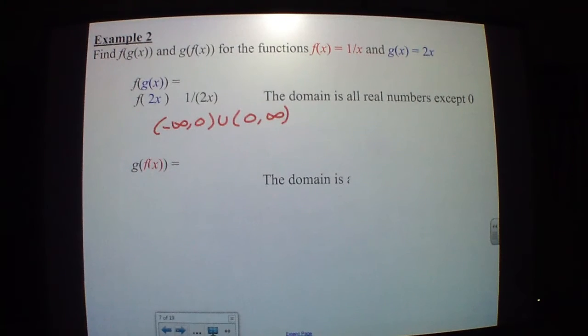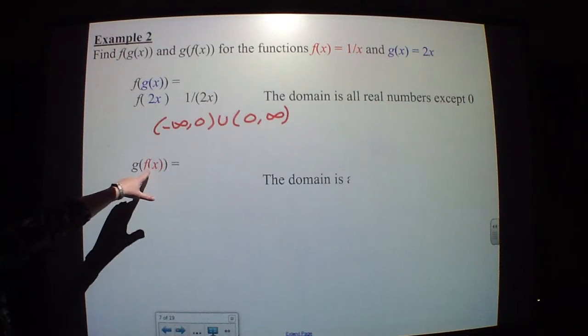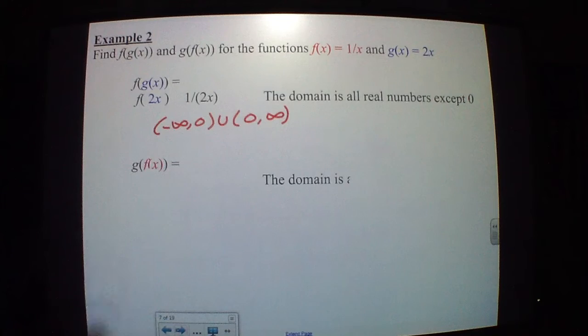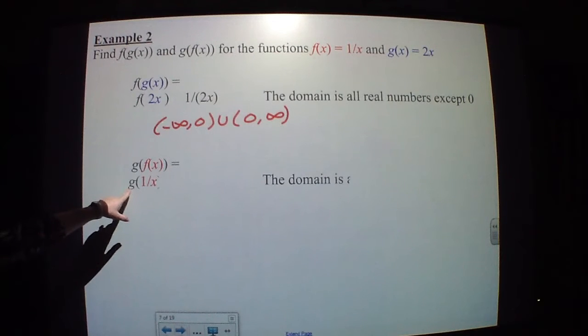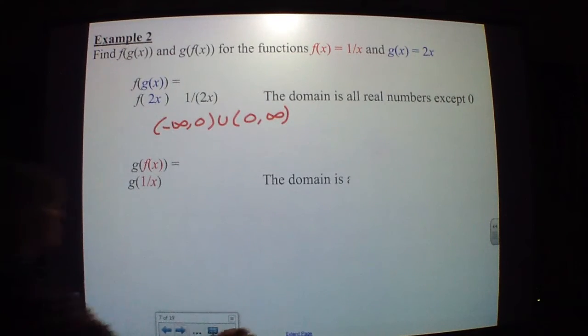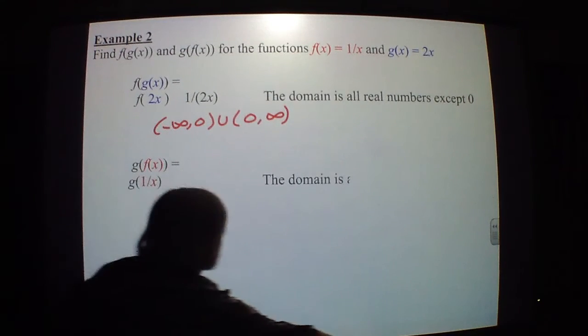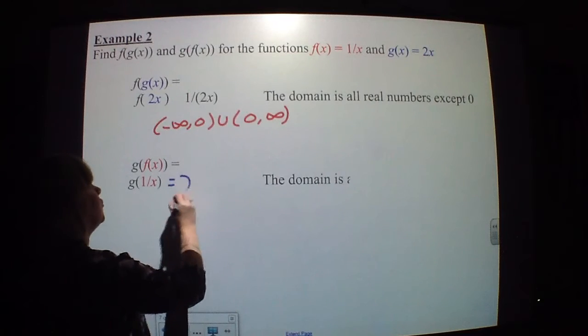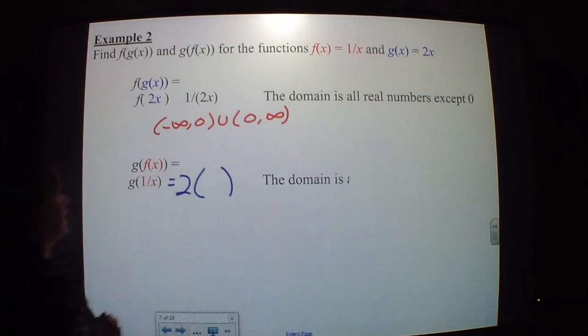G of f of x. Direct substitution. F of x is 1 over x, so I'm just doing a direct substitution here. Put 1 over x because that is f of x. And now I'm going to plug into my g function, instead of where there's an x, I'm going to plug in 1 over x wherever there's an x. And remember, my g function is 2 times x.